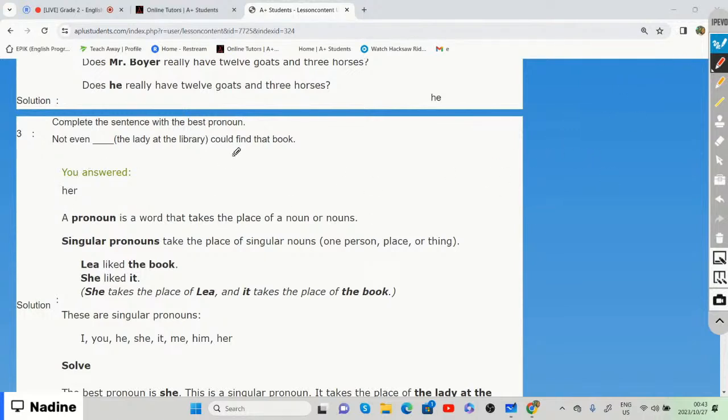It's actually not even she could find that book. So she is our pronoun. And remember, we said a pronoun takes the place of a noun. So she within that sentence is the pronoun for the lady at the library.